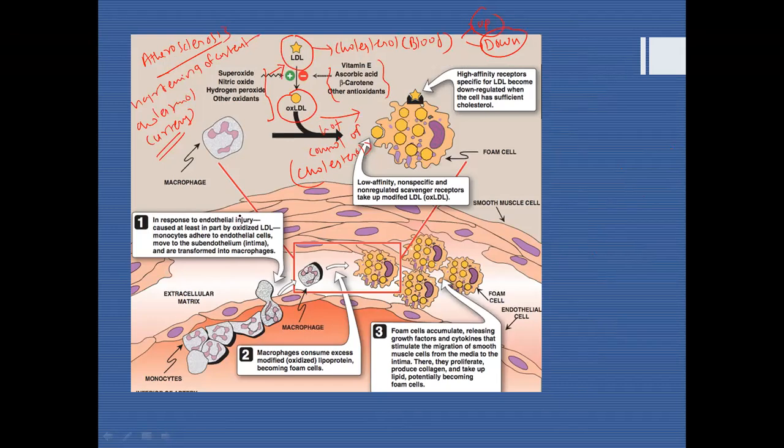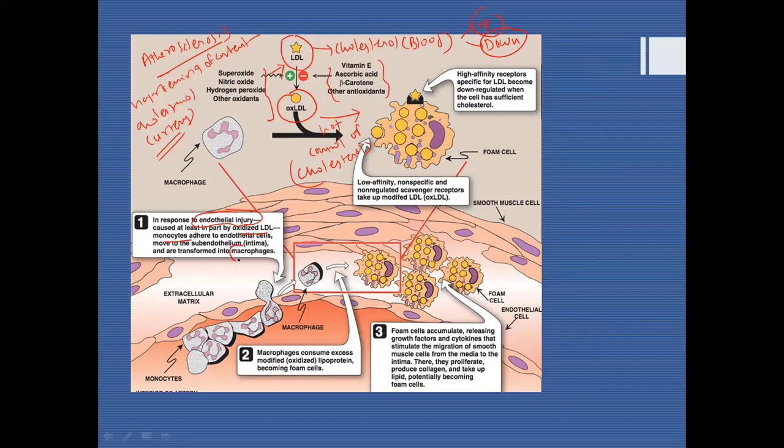If there is an endothelial injury, because of any reason, then this oxidized LDL will bind with the monocytes, which are present in the endothelial cells or below the layer of endothelium, at the subendothelial cell level. There will be presence of monocytes.